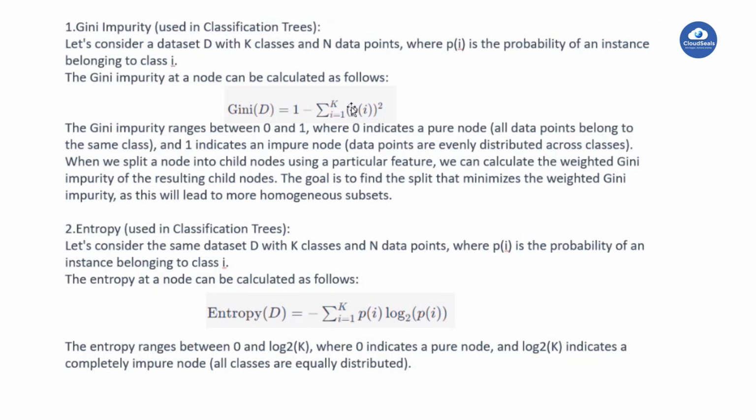If the probability for one class is 1, then 1 minus 1 is 0, which means the refund feature has complete information about the dependent variable.